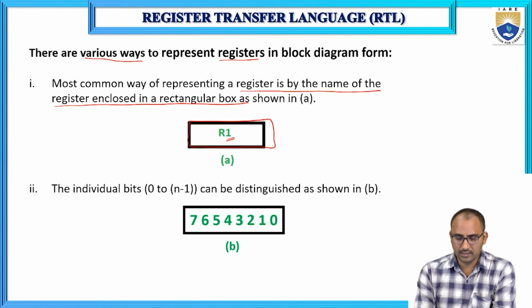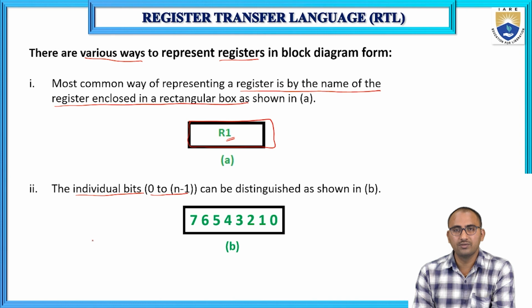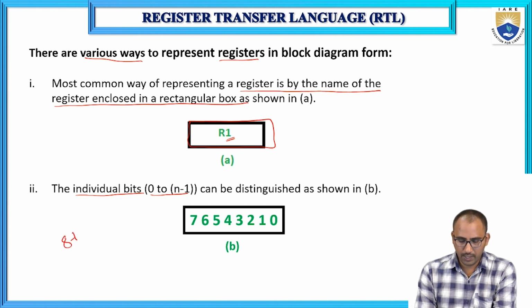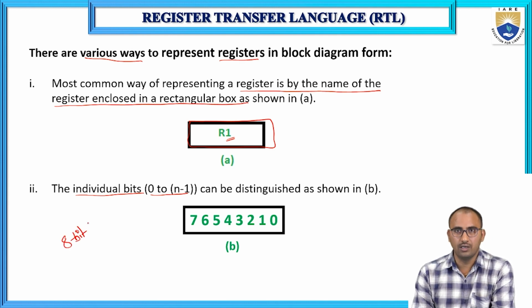And the second method is showing the individual bits. The individual bits are numbered from 0 to n minus 1, so they can be distinguished as shown in the figure. Suppose you consider an 8-bit register. In an 8-bit register, we can store 8 bits of data.